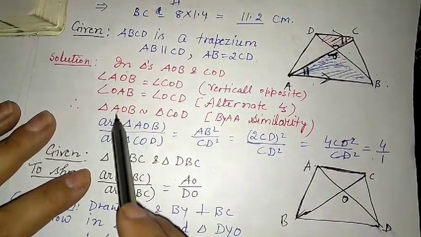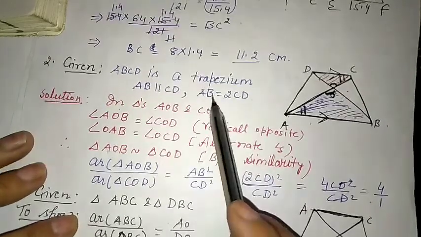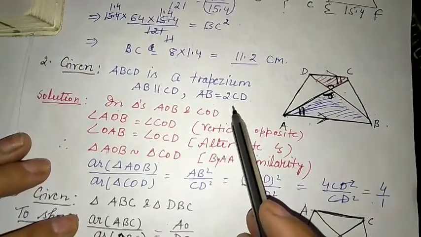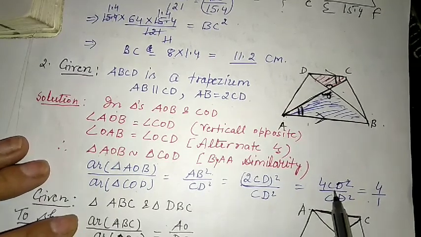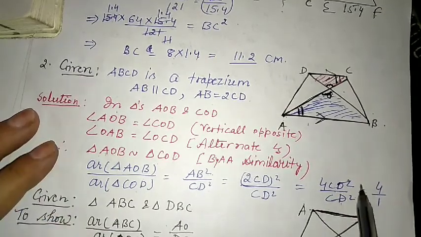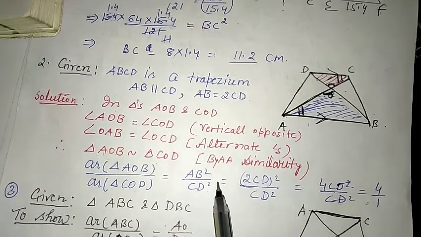This is AB and CD, the corresponding sides. But AB is given in the question as twice of CD. So instead of AB we can write twice of CD. So it becomes 4CD square upon CD square. So we get 4 upon 1. So this is our second question.